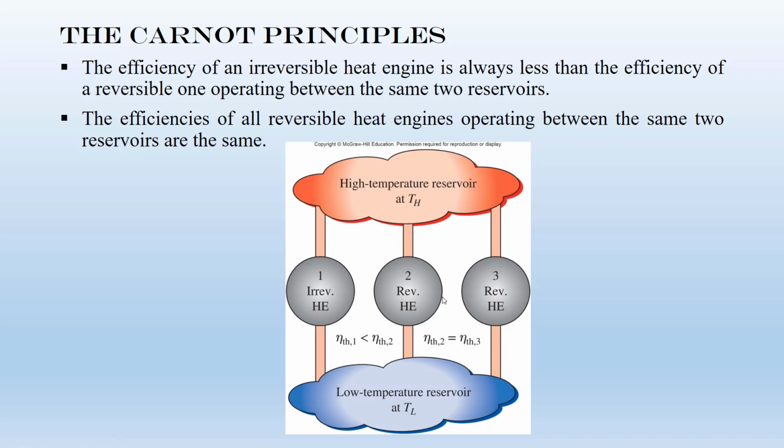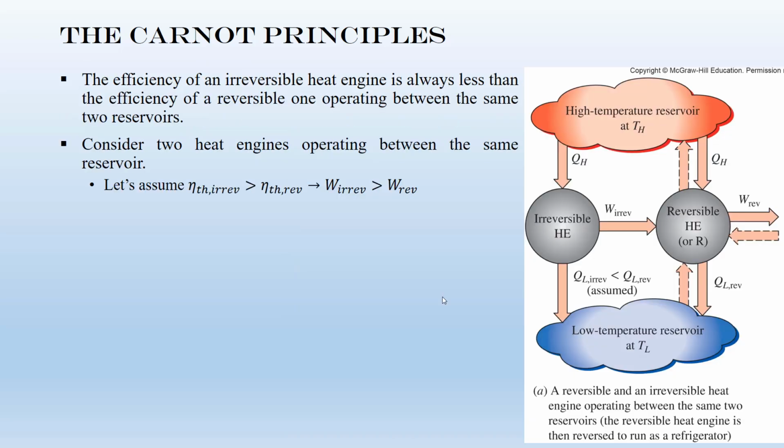We can prove simply the first one. How? Assume that we have a high temperature reservoir at TH and low temperature reservoir at TL, and then there are two heat engines working between these two sources. The first one is irreversible heat engine and the second one is reversible heat engine.